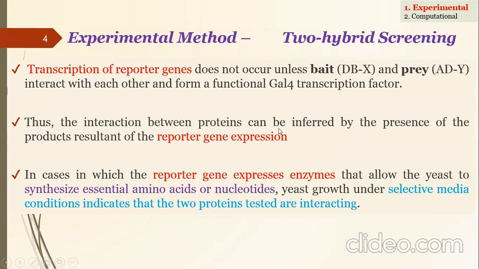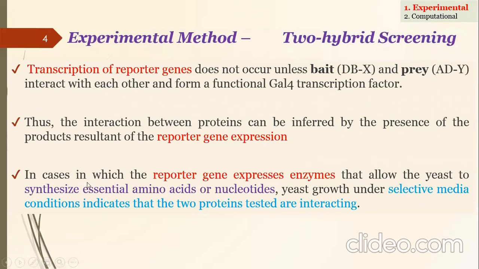Thus, the interaction between proteins can be inferred by the presence of the product resulting from reporter gene expression. So the reporter gene will express if these two proteins come closer. In cases in which the reporter gene expresses an enzyme that allows the yeast to synthesize an essential amino acid or nucleotide, yeast growth under selective media conditions indicates that the two proteins being tested are interacting.